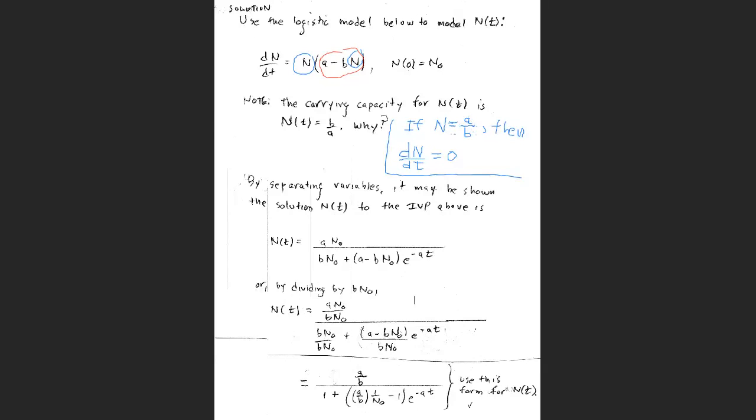Okay, so if the number of people who've seen the ad equals A over B, if you substitute A over B for N in that second factor, it will be 0, and that means dN/dt equals 0. So what happens when the population reaches the value A divided by B?